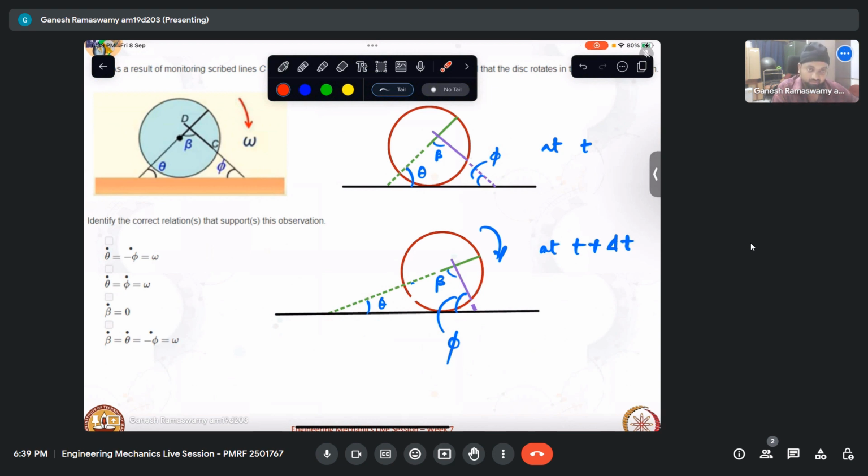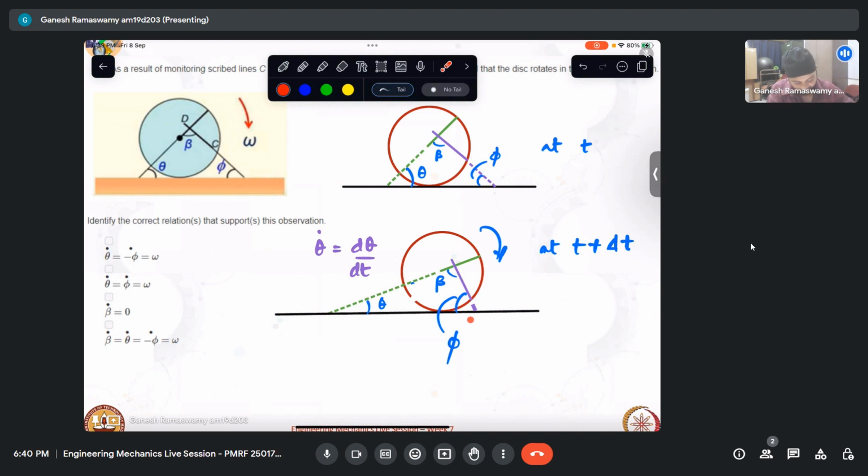As a consequence of this, theta dot is nothing but d theta by dt. If theta happens to be decreasing with time and phi happens to be increasing with time, naturally theta dot will decrease with time and phi dot will increase with time.